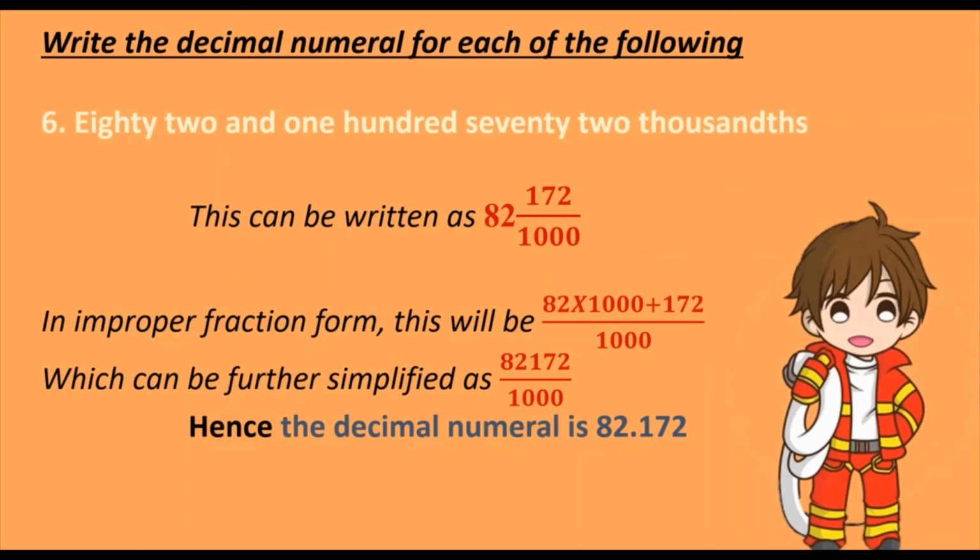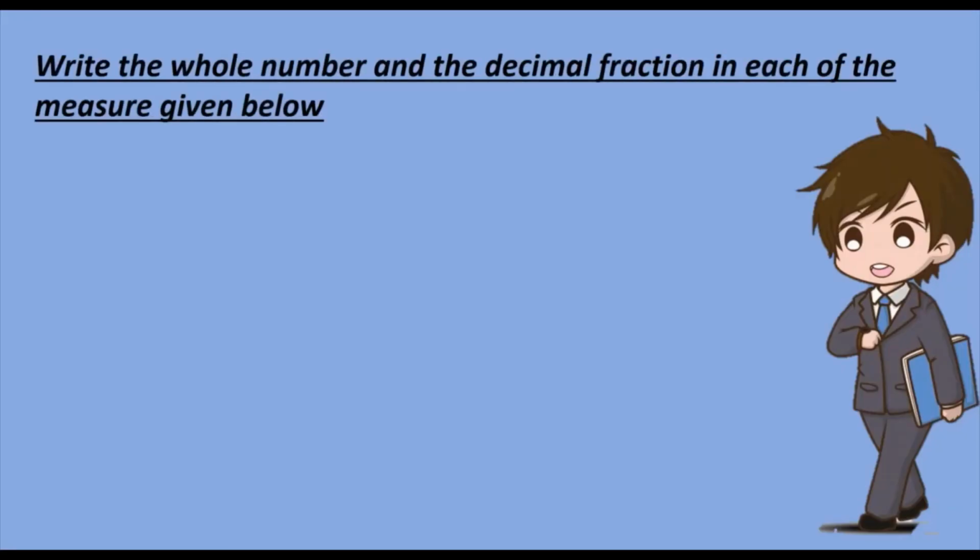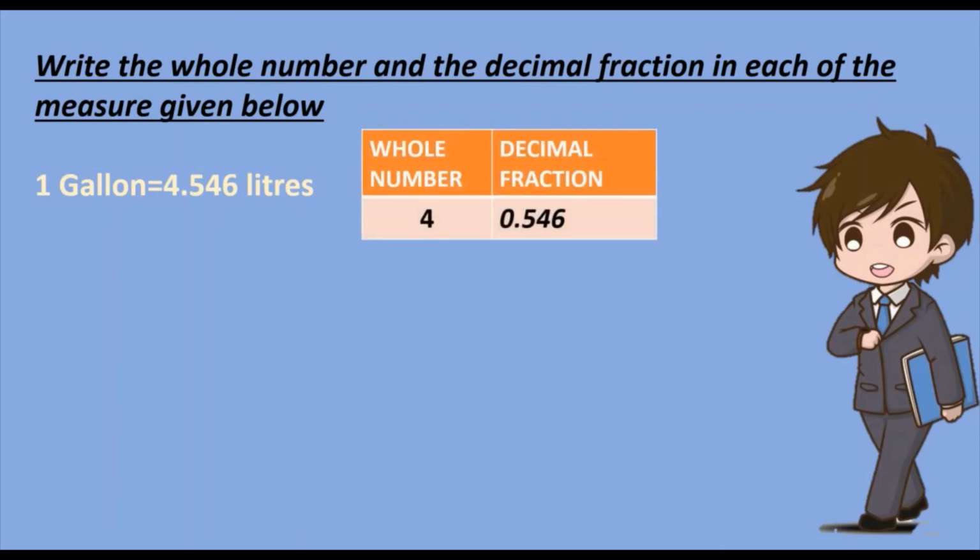Now we go to sum number 2, where we have to write the whole number and the decimal fraction in each of the measures given below. 1 gallon is equal to 4.546 liters. So here 4 is the whole number and the decimal fraction is 0.546. 1 inch is equal to 2.54 centimeter.